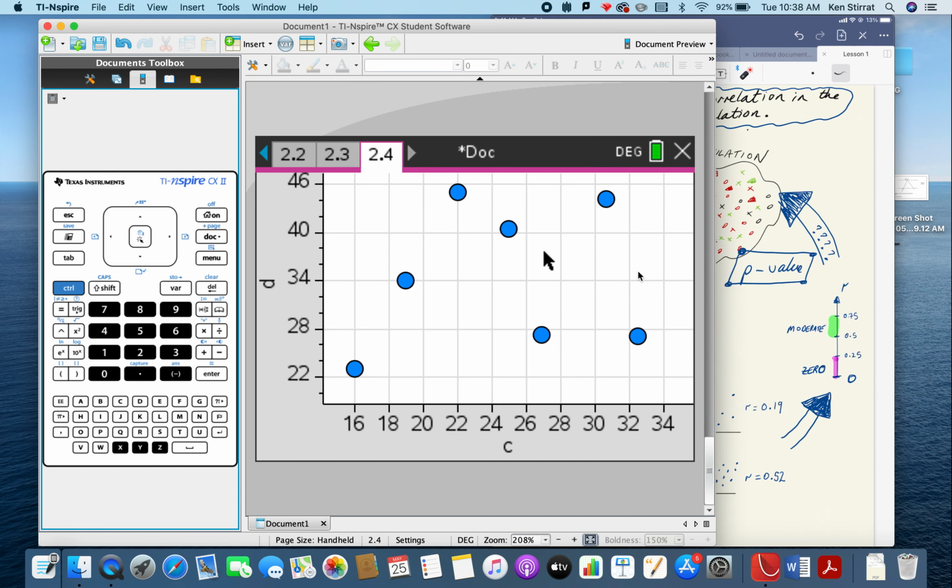I can't quite remember now what the p-value was. I was trying to round it up, 0.124. Okay, 0.124. So this is actually 12.4%. Okay, so the p-value is 12.4%.